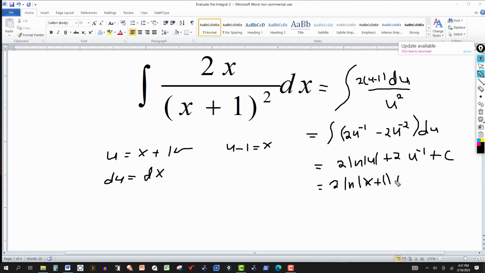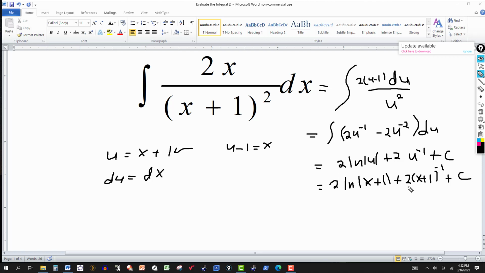Then we have plus 2, that's u to the negative 1, but again, u is equal to x plus 1. And you have your constant of integration.